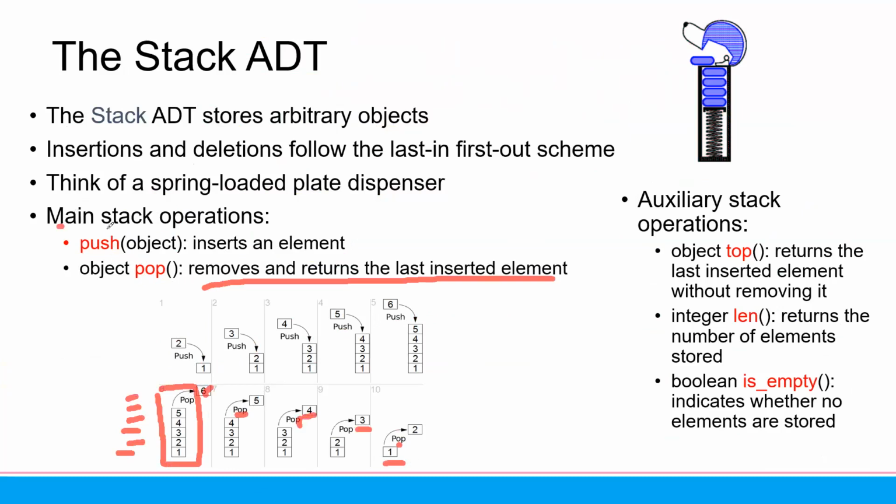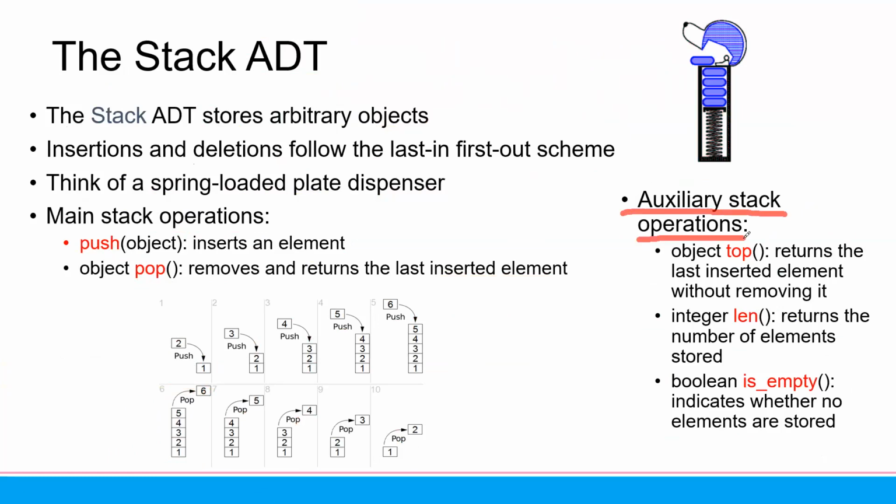So the main operations will be push and pop. But there can be auxiliary stack operations, meaning additional ones. The additional operation is like top: it returns the last inserted element without removing it.